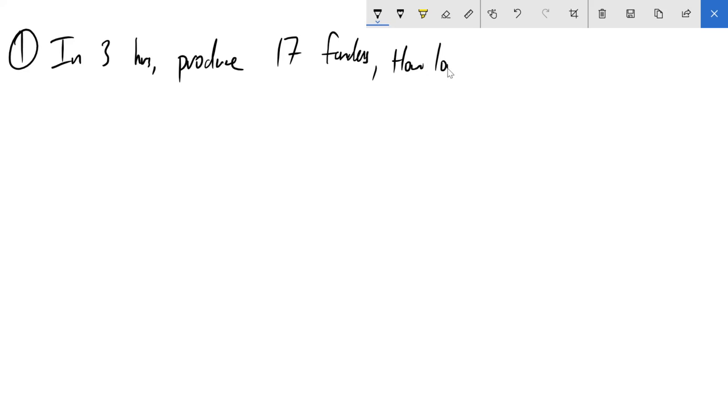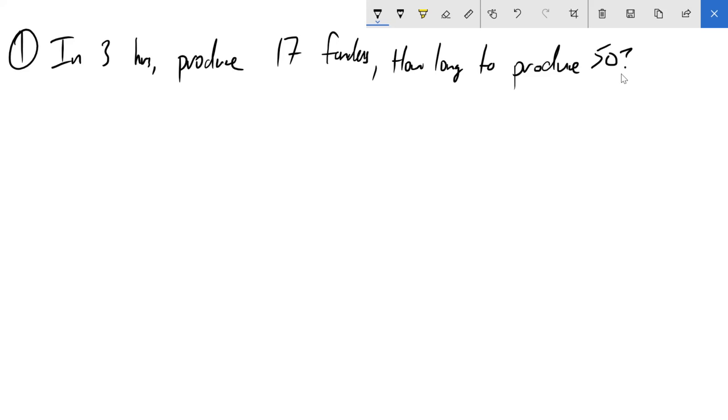The problem said that in 3 hours the technician could produce 17 fenders. My question was, how long would it take to produce 50? And I said to round to the nearest tenth of an hour.